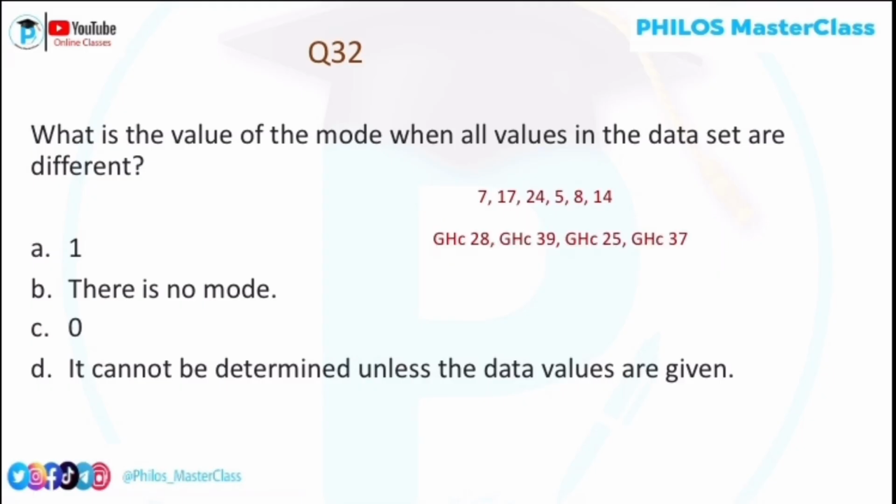When you have these, 20 Ghana cedis, 39 Ghana cedis, 25 Ghana cedis, and 37 Ghana cedis, you see that all the values are different. In this case, you have to say there is no mode. Please don't say the mode is 0. 0 can also be a data value. So do not say the mode is 0. It will be wrong when you say the mode is 0. You have to say there is no mode. Then let's proceed to the next question.